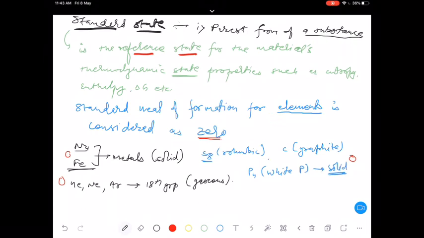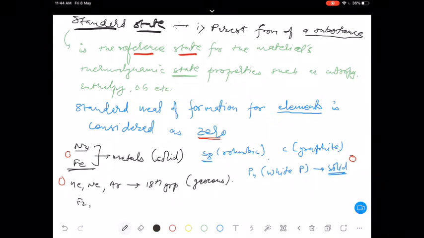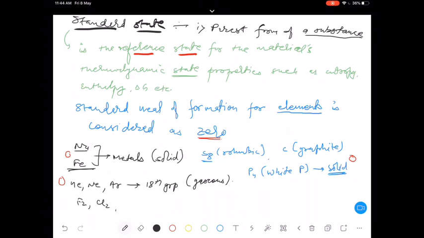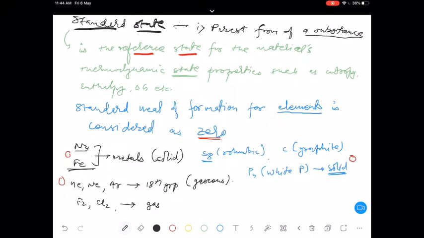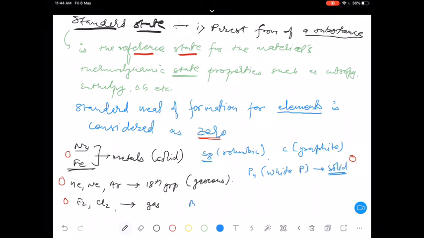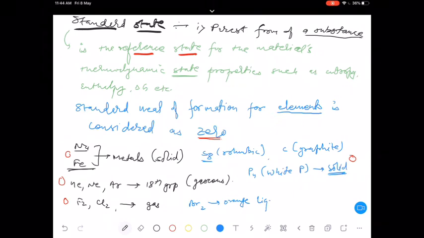Clear? Now for halogens, fluorine F2 and chlorine Cl2, the gaseous state will be the standard state for these two halogens, and that will be 0. Next, for bromine, Br2 as orange or brown liquid will be the standard state, and again it will be 0.